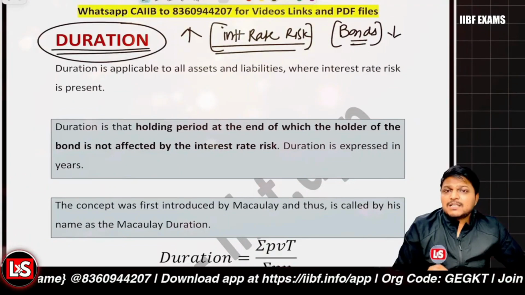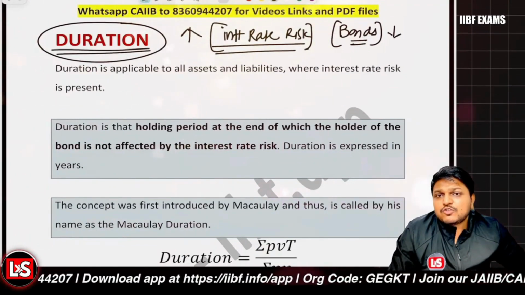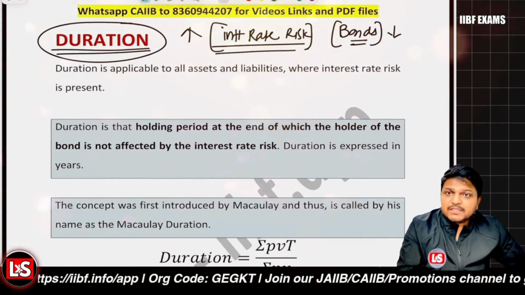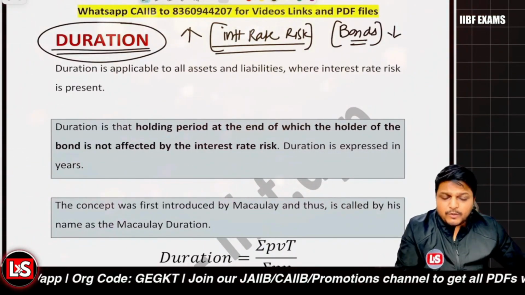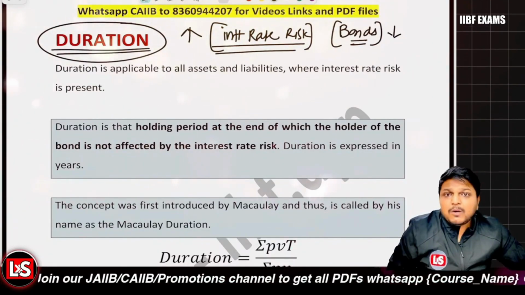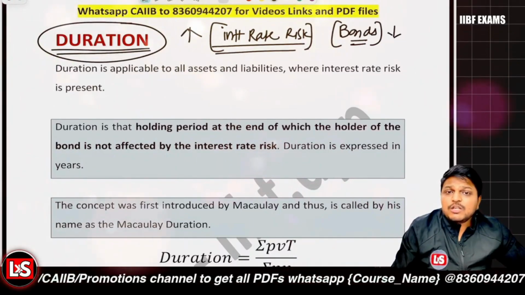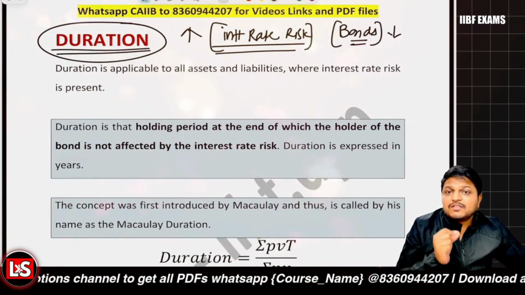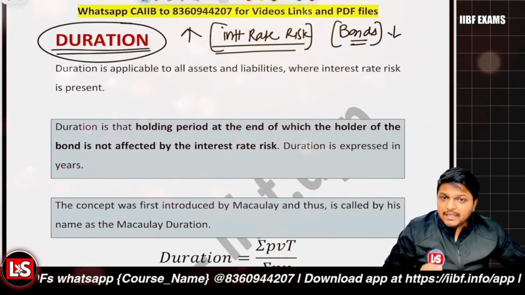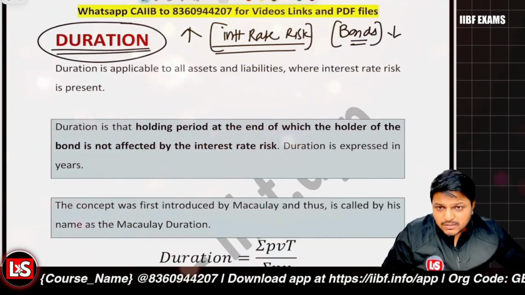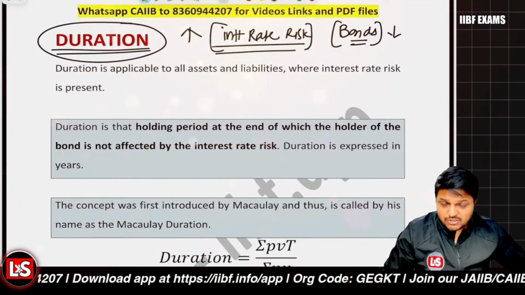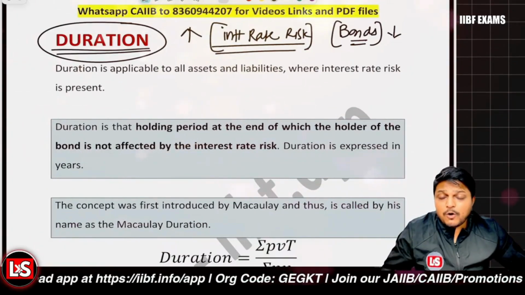So if we are to learn the concept of duration, there is a very simple point that we first need to understand. Duration measures the interest rate risk of a bond. If the interest rate changes, how much will the bond price change?